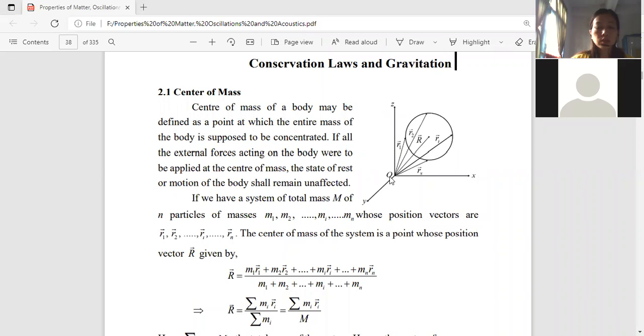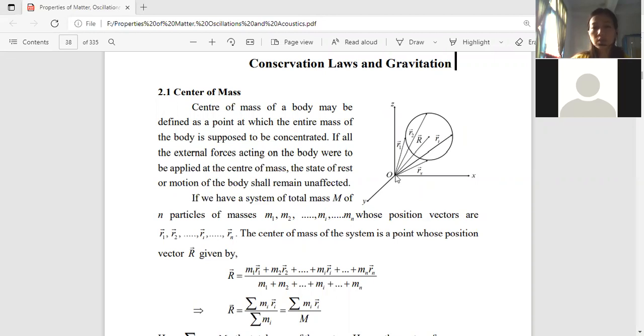We can take this as the center of the circle, draw the circle around here, and then draw lines from the origin of the coordinate system to various points of the circle, and we get various position vectors.